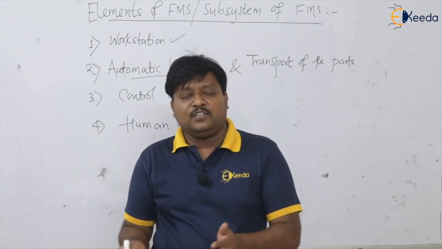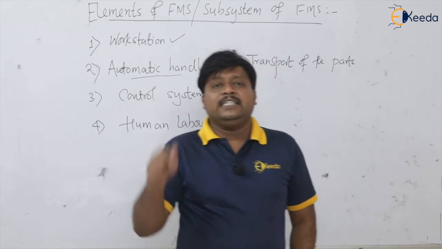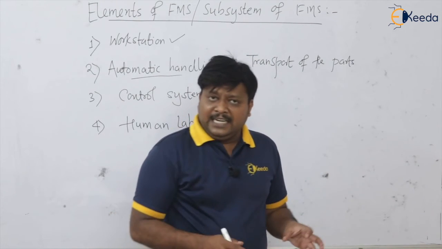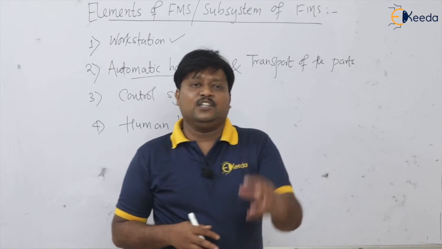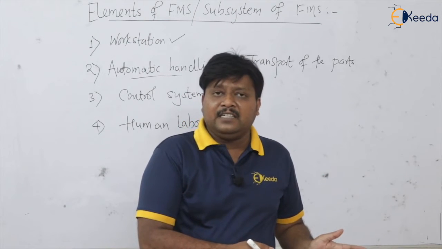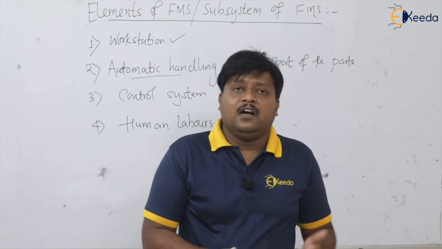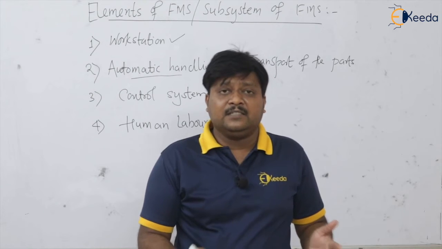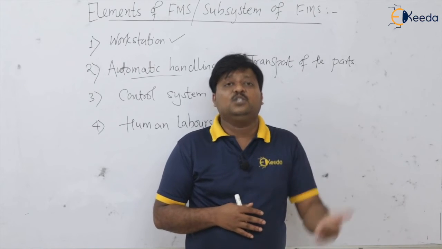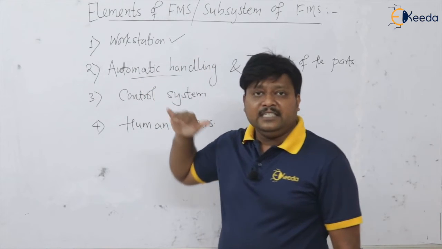The orientation of the parts on the machine tool for processing automatically is the second function of material handling in the FMS. This handling is controlled by the central computer and performed by automated guided vehicles, various transmission systems, and specially designed pallets. These are the material handling equipments which are again controlled by the computer in the flexible manufacturing system.